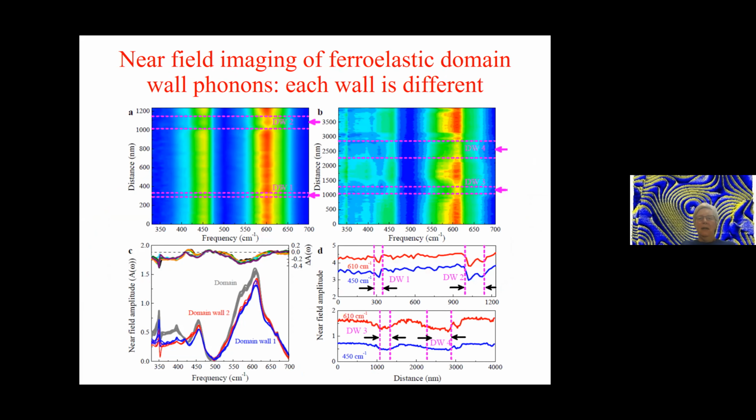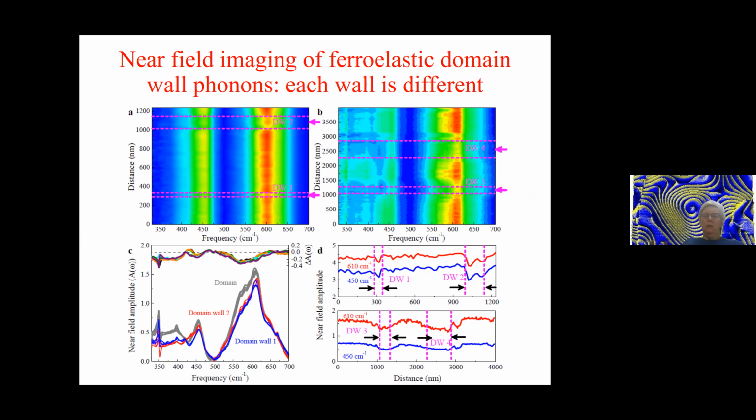So very quickly, again, these contour plots are snapshots of distance versus frequency effects across several different domain walls in different crystals. And I'll just say that domain walls are like people.